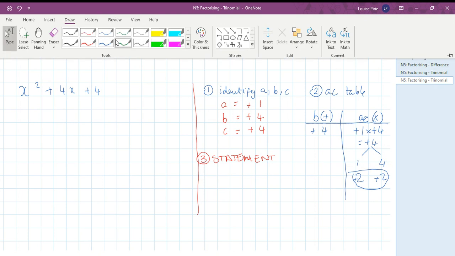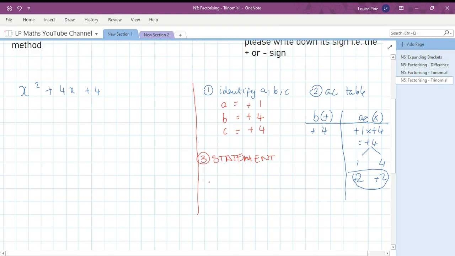And the statement is to sub the bx value, which is plus 4x, I'm going to write just above that, bx, to be equal to plus 2x plus 2x. Now that is factor 1 and then factor 2.